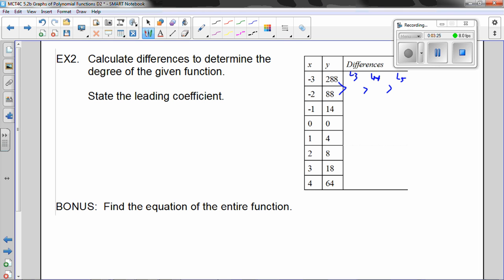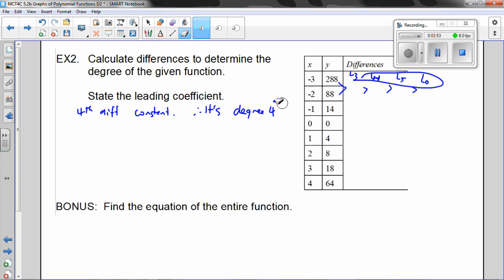And then finally list 6 was the common difference. So the fourth differences are constant, right? So what's the degree? Well, therefore it's degree 4. The fourth differences were constant. Degree 4.